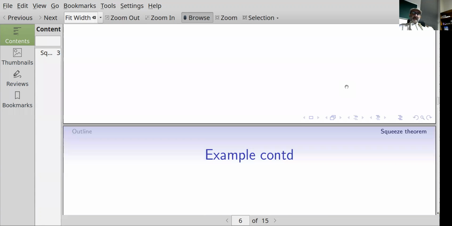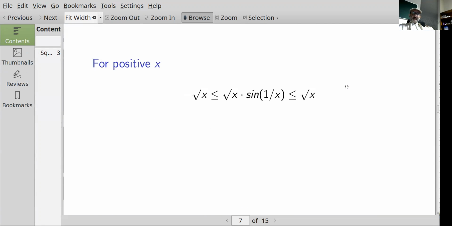Now let's multiply through by the root of x, and then we would get minus the root of x is less than or equal to the root of x times sine of 1 over x, which is less than or equal to the square root of x. Right, so once again, we've trapped the difficult function between two easier functions.